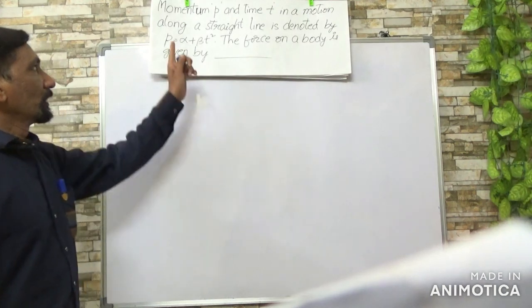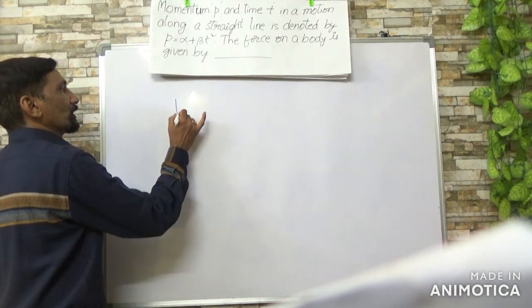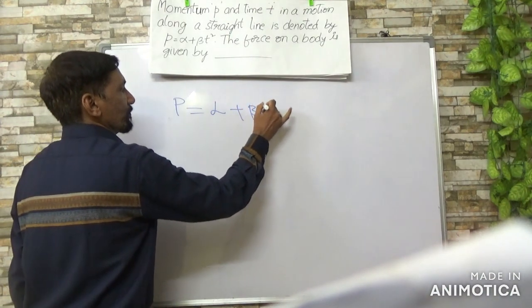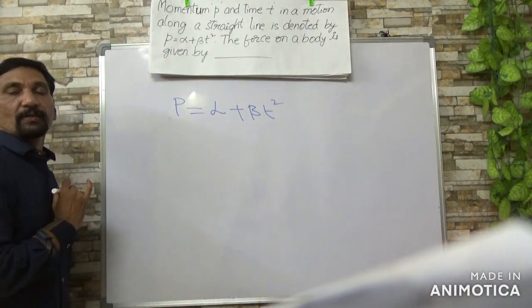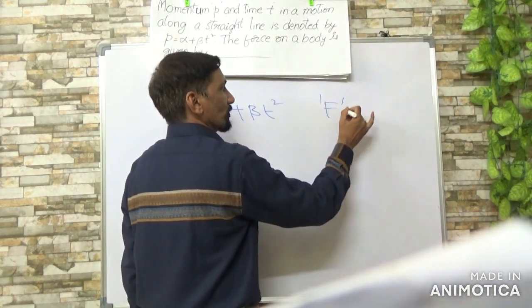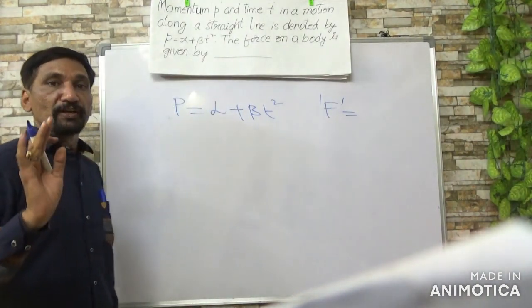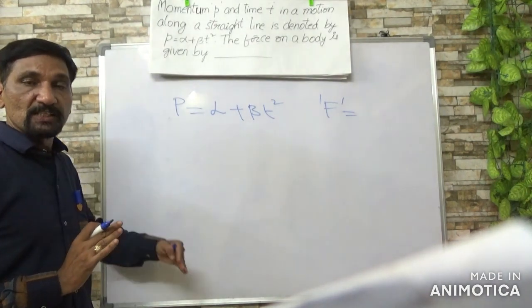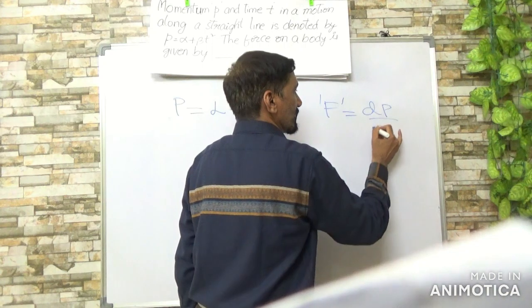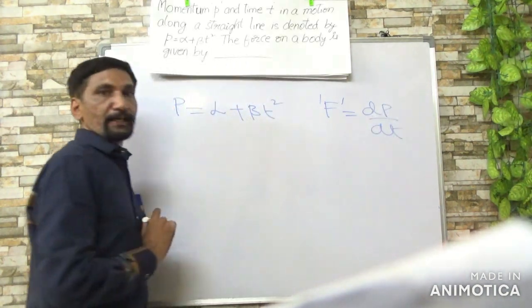Now the given problem is: momentum of a body is given as alpha plus beta t square. You want to find the force. Remember, whenever you differentiate momentum with respect to time, you get force, that is dp by dt.